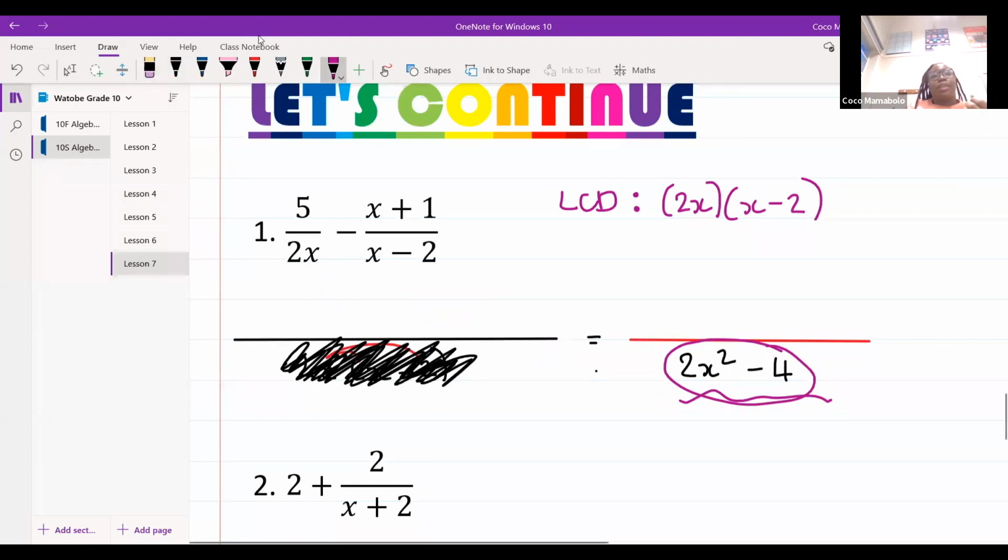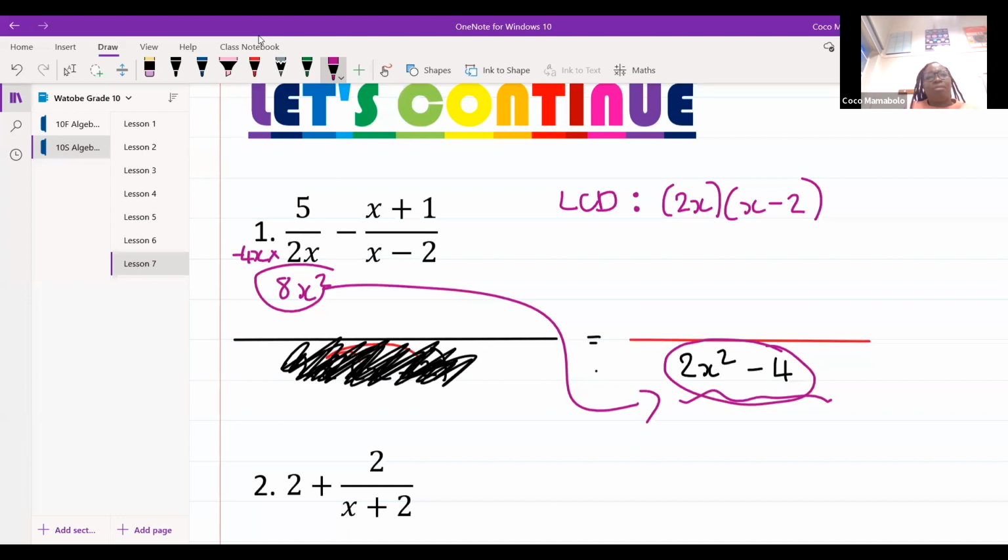This is why it's not 4x: if I multiply this side by 4x, let's multiply out, 4x times 2x gives me 8x squared. That looks nothing like my denominator, and it complicates things because I don't see it.